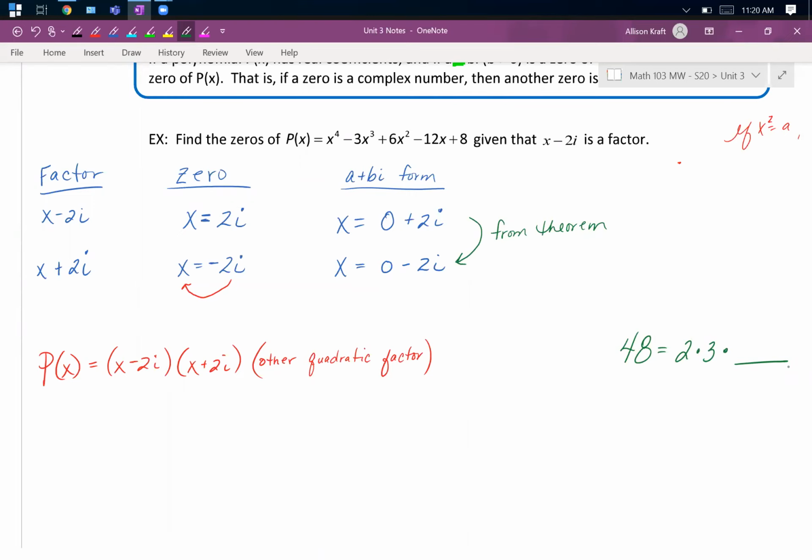We could divide 48 by 2 and then by 3, and that would give us our third factor. Or we could multiply these 2 together first and then divide 48 by that. I don't know about you, but I would much prefer to only have to divide once. Plus, you don't know how to divide by something that has an i in it. So what we're going to do is divide p of x by this product to get the third factor.